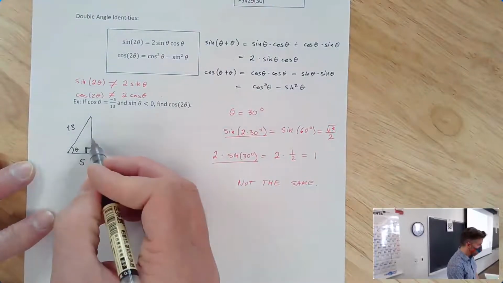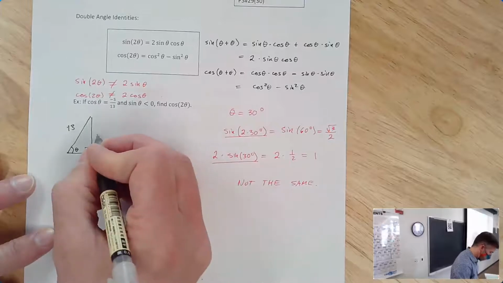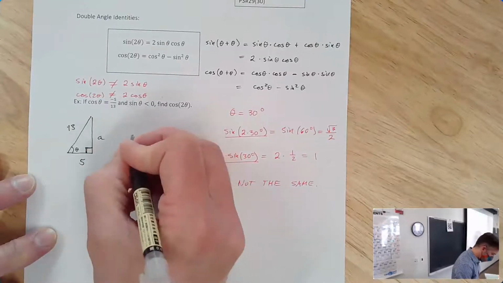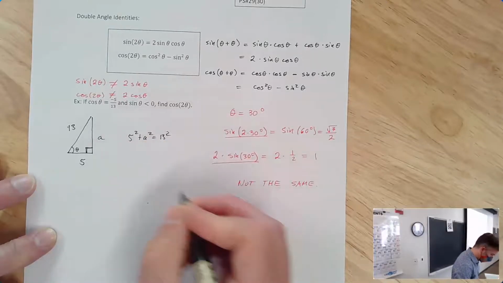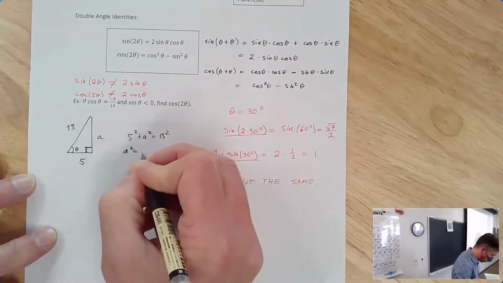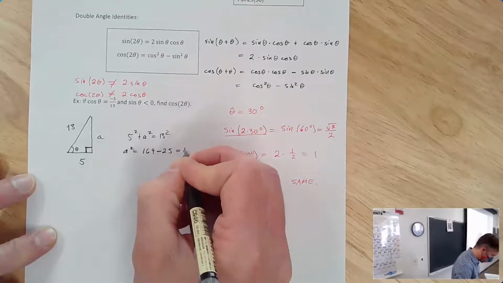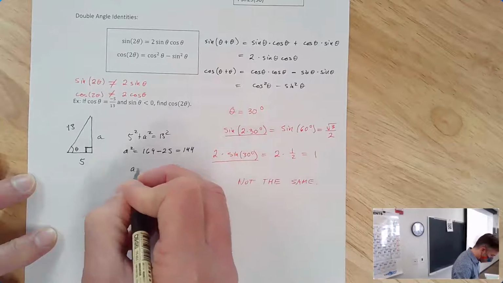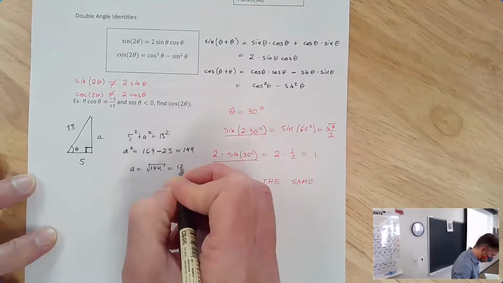And what's the third side of this triangle? Well, I know that 5 squared plus a squared equals 13 squared. A squared is going to be 169 minus 25, which is 144. So a is going to be the square root of 144, which is 12.